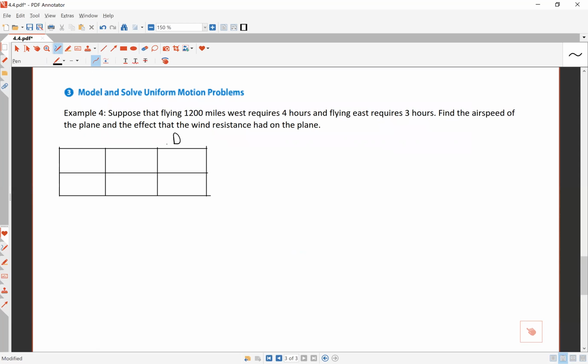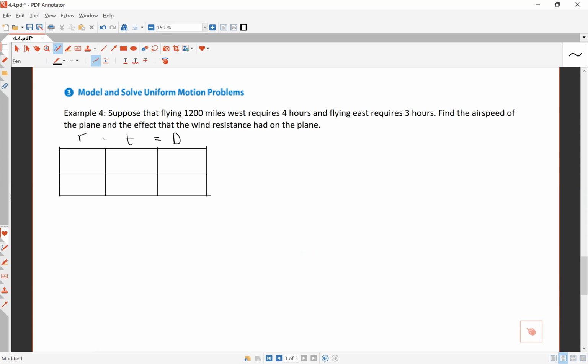We have distance equals rate times time. Suppose that flying 1,200 miles west requires 4 hours and flying east requires 3 hours. So what happens when you fly west and east? There's always wind, either a headwind or a tailwind in this case.